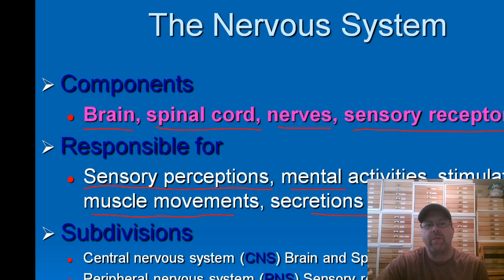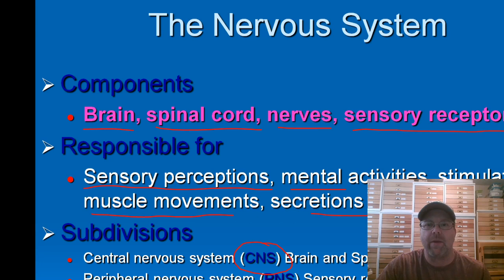Now, the nervous system is broken into 2 major parts, and we're going to introduce those parts in this video and then introduce to you the first handout. So, the 2 subdivisions of our nervous system are the central nervous system, which is made up of the brain and spinal cord. I still have to fix that. That's misspelled.